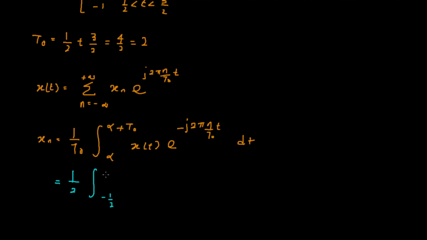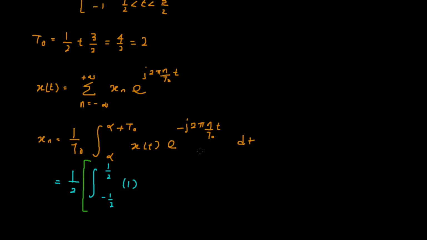Okay, negative 1 over 2 to 1 over 2. In this range, the x(t) is positive 1. So we should put a bracket here because we're going to have two different integrations, right? So we put a bracket here. This is for this one.